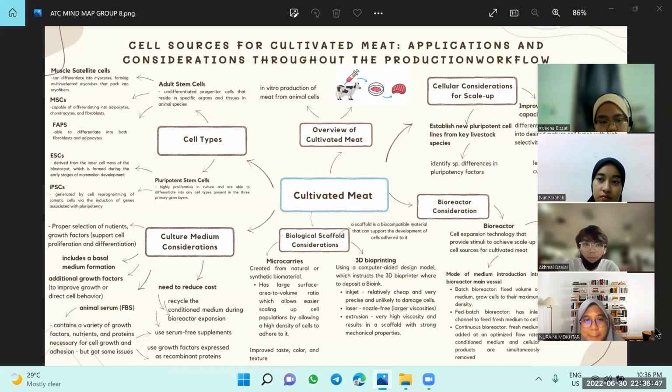Thank you, Nuraini. So I will continue with cellular considerations for scale up. There are two approaches to achieve scale up, which are to establish new pluripotent cell lines from key livestock species and to improve the proliferative capacity of adult stem cells. For the first approach, the first important step to develop cell lines from livestock species is by identifying species differences in pluripotency factors.